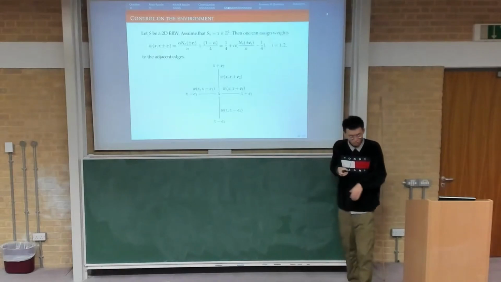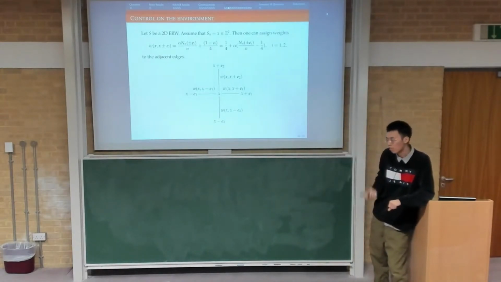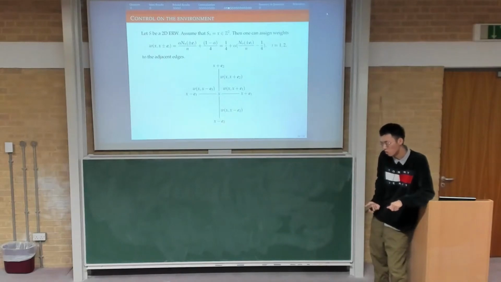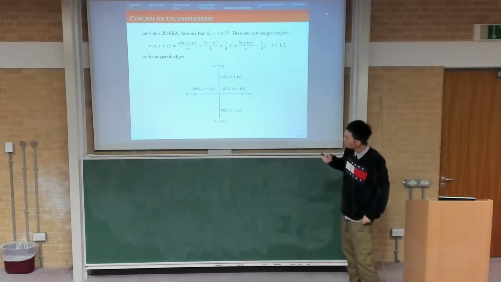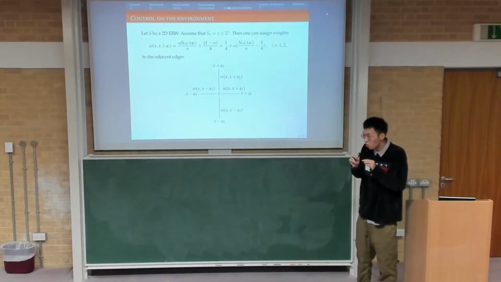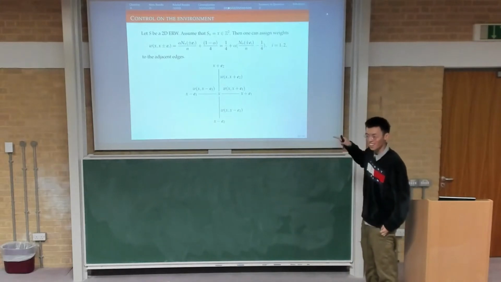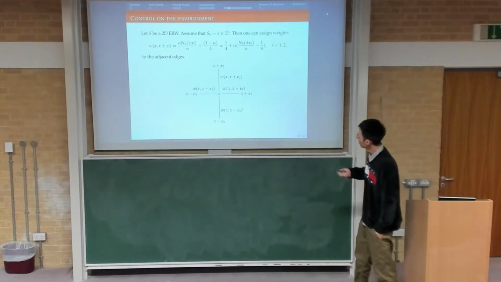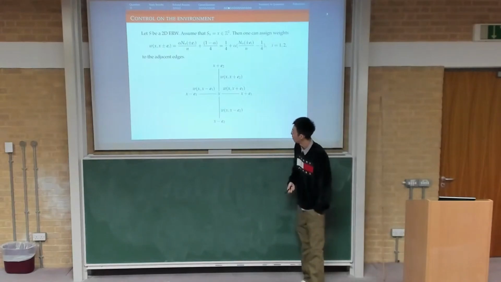Or here, we can view this elephant random walk as a random walk in dynamic environment. So basically, imagine that we're using the view of this particle. Imagine that at time n, Sn is at vertex x.